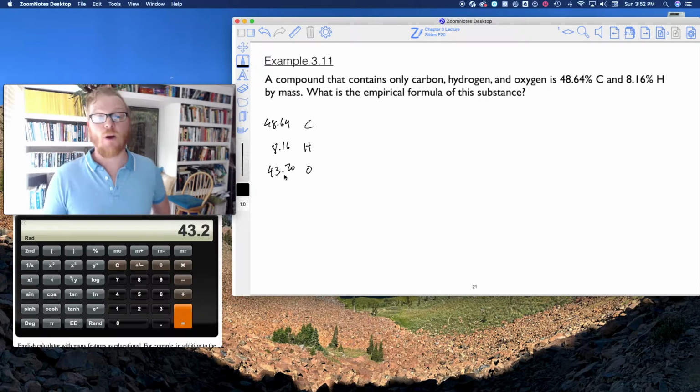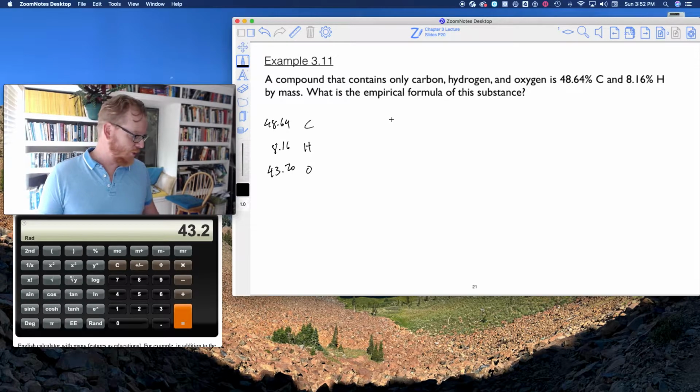And notice because these all have to add up to 100, it's all about the decimal place, right? This 48.64 has 2 decimal places, 8.16 has 2 decimal places, and now 43.20, I need 20 with 2 decimal places. Okay, so how do you calculate this? How do you do this?